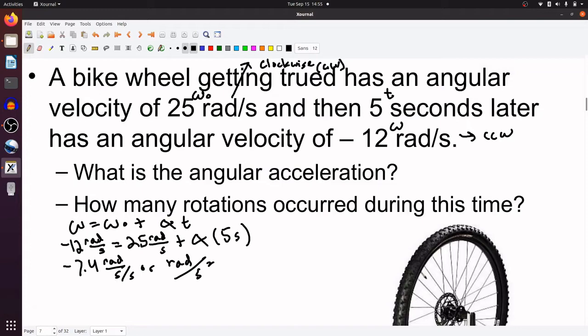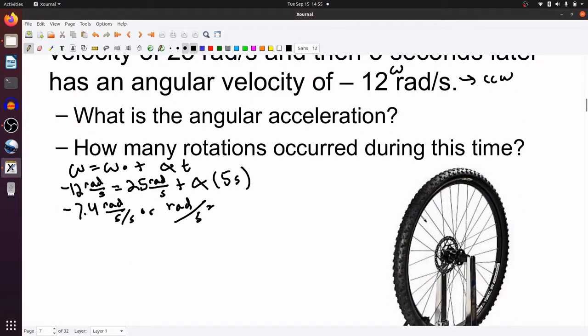Second part, how many rotations occur during this time? A lot of different ways we can do this, but I'm going to go ahead and use theta is equal to omega naught t plus 1/2 of alpha t squared. Theta equals omega naught was 25 radians per second. This occurred over 5 seconds.